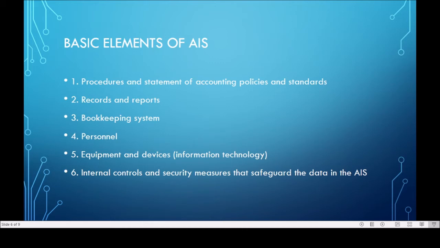So the data must be confidential, so that people who do not need those data cannot access them, and so that the information and data will not be corrupted by anyone else. So the accounting information system must provide internal controls and security measures that safeguard the data in the AIS.